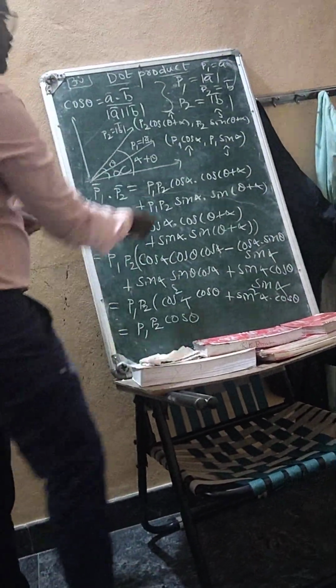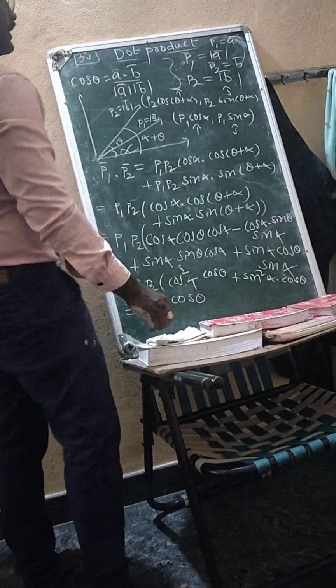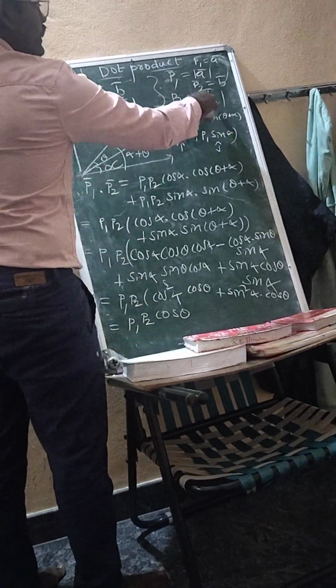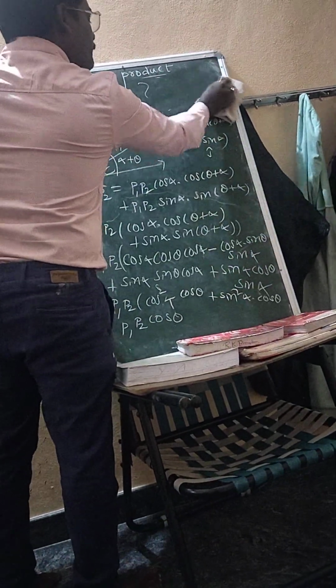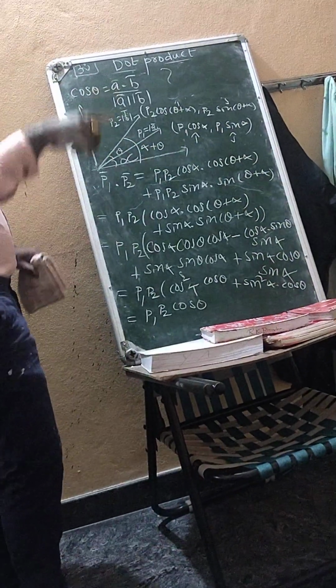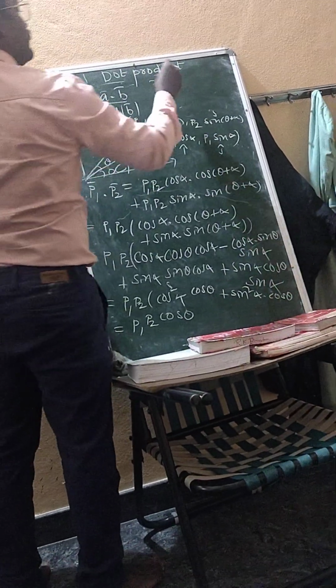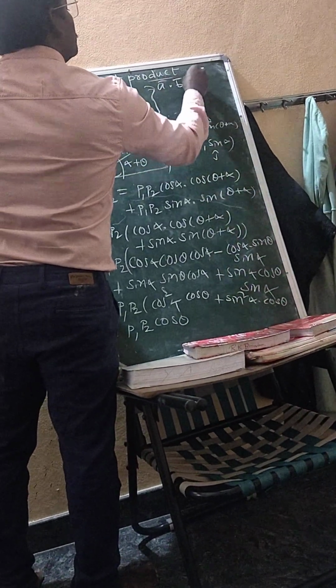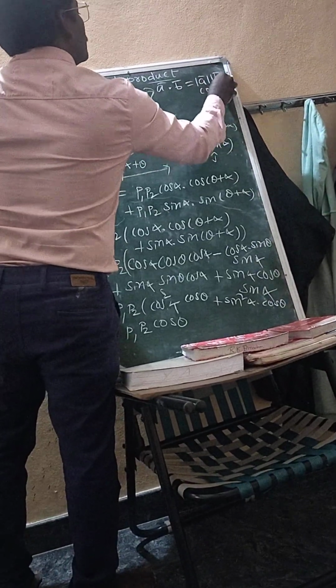So here, what is P1? Distance of P1, magnitude of A. What is P2? Magnitude of B. P1 equal to magnitude of A, P2 equal to magnitude of B. Vector P1 is the A vector, vector P2 is the B vector: magnitude of A bar, magnitude of B bar into cos theta.